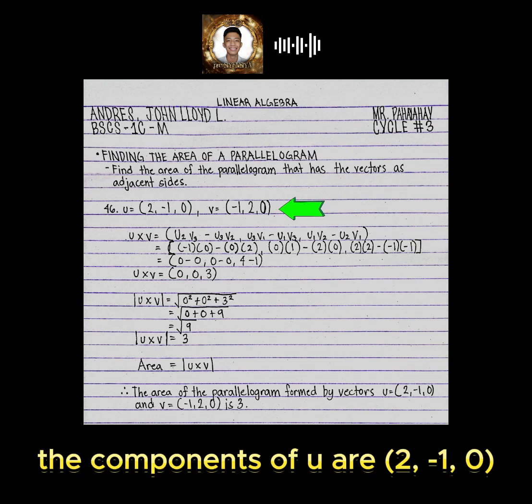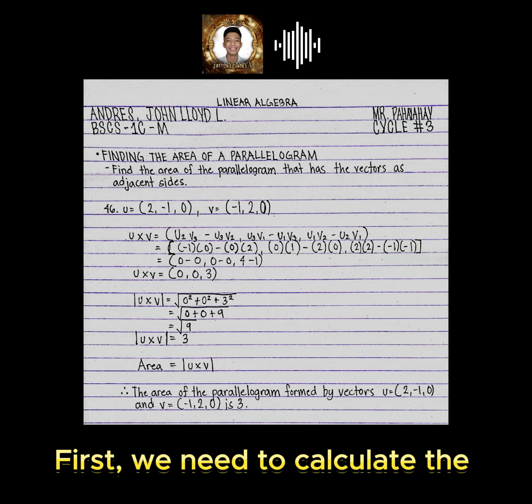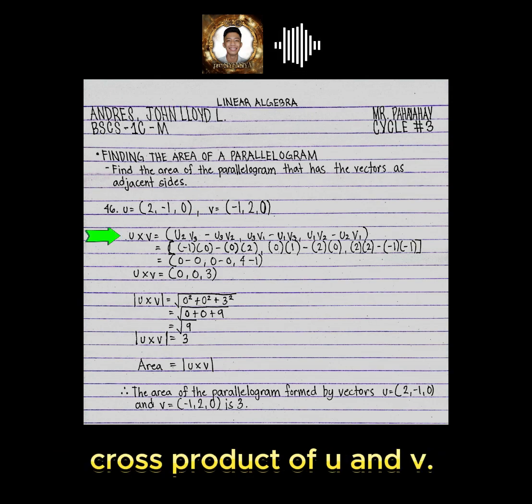The components of u are 2, -1, and 0, while the components of v are -1, 2, and 0. First, we need to calculate the cross product of u and v.